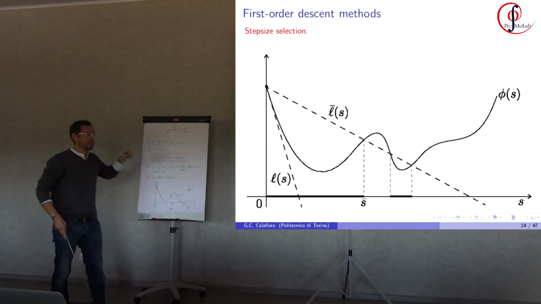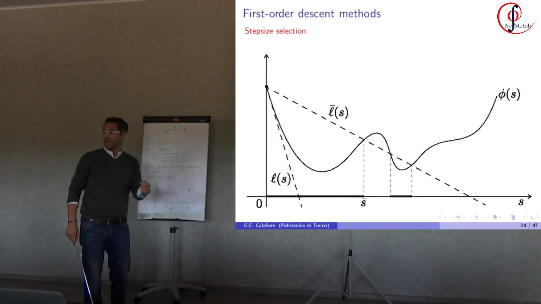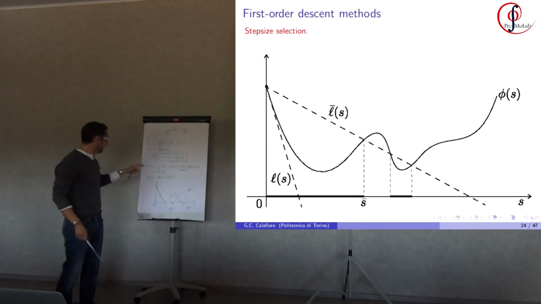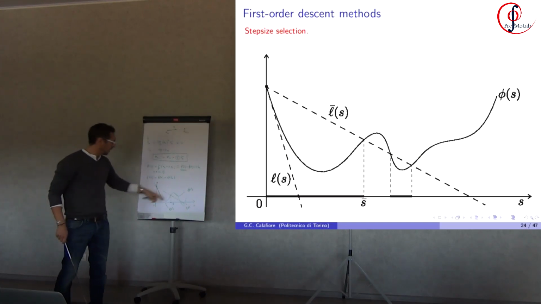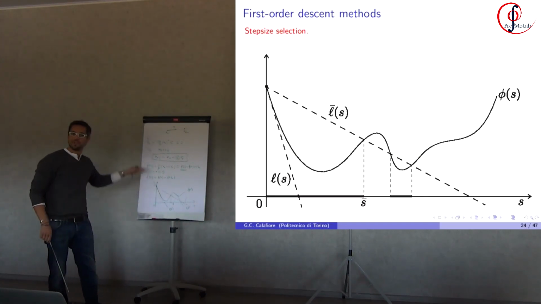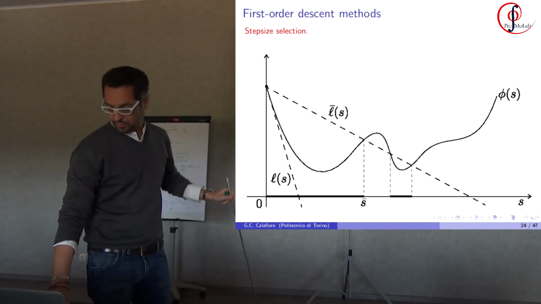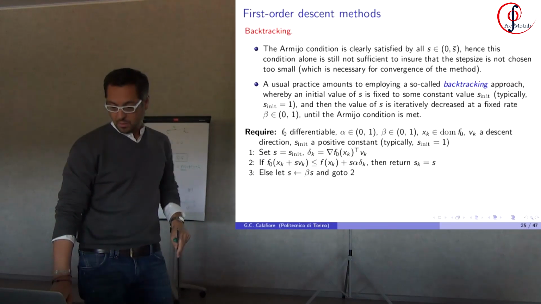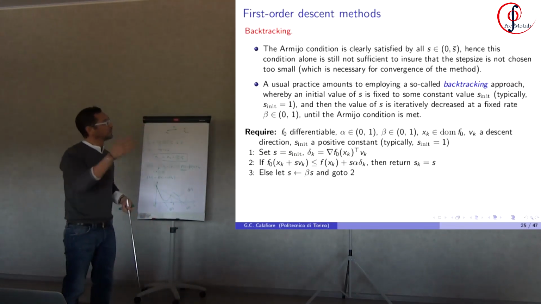Otherwise, if f0 is convex, it is convex along any line, so phi will also be convex. So in the convex case, we will not have this kind of oscillation here. But for the time being, we do not need to enforce convexity. We will do so later.